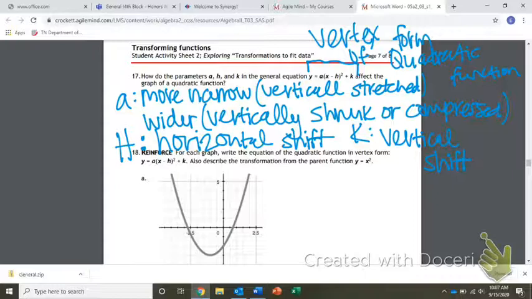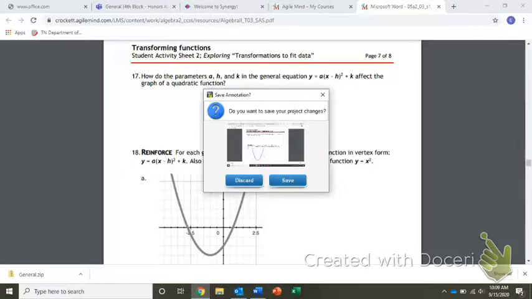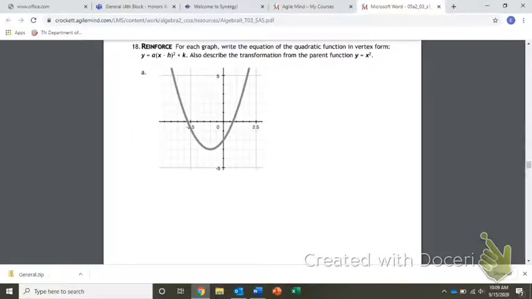So, I want to do number 18 together. All right, it says for each graph, write the equation of the quadratic function in vertex form. Okay, also describe the transformation from the parent function y equals x squared. So, before you start, you need to notice that going vertically up and down, the tick marks are going by 1.